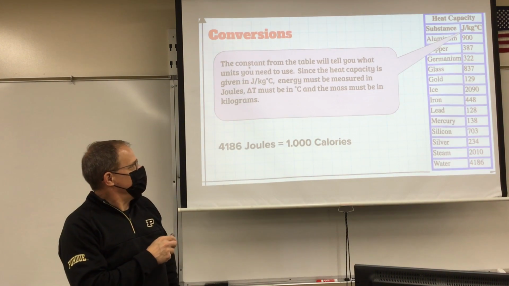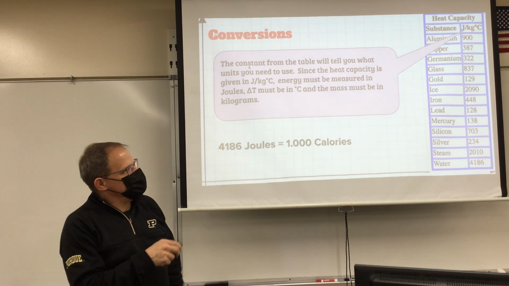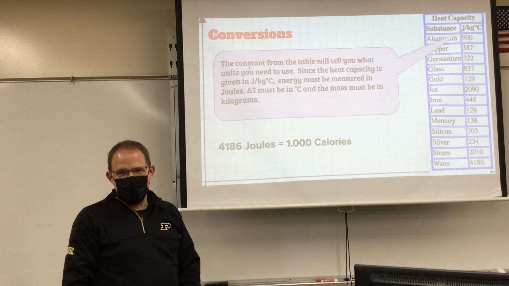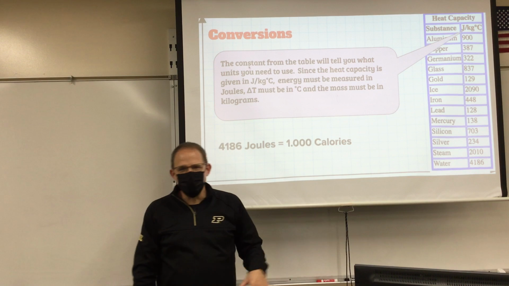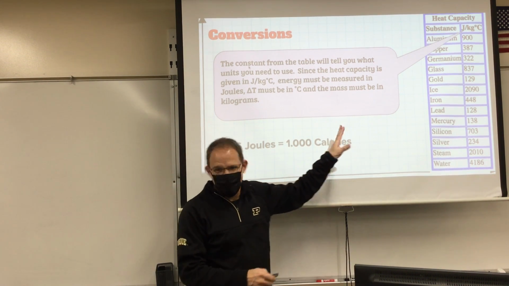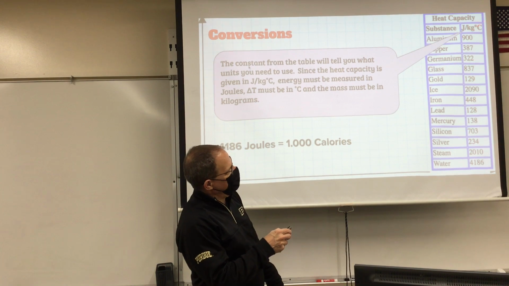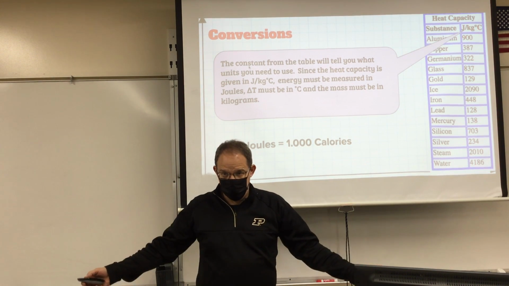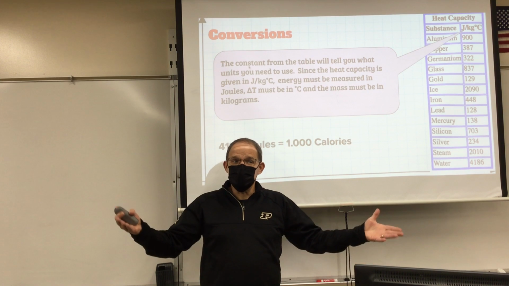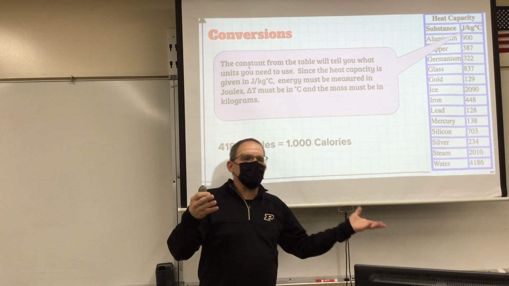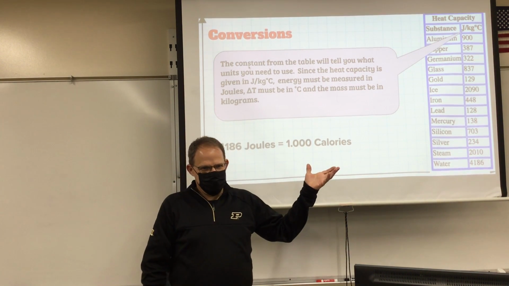Okay, couple notes. This thing up here tells you what units to solve the problem in. If you want to go hunt around, you can find tables that have the heat capacity in calories per pound degree Fahrenheit. You can find them, and you can use them. But it's a whole lot easier just to use the one I've got for you, okay?